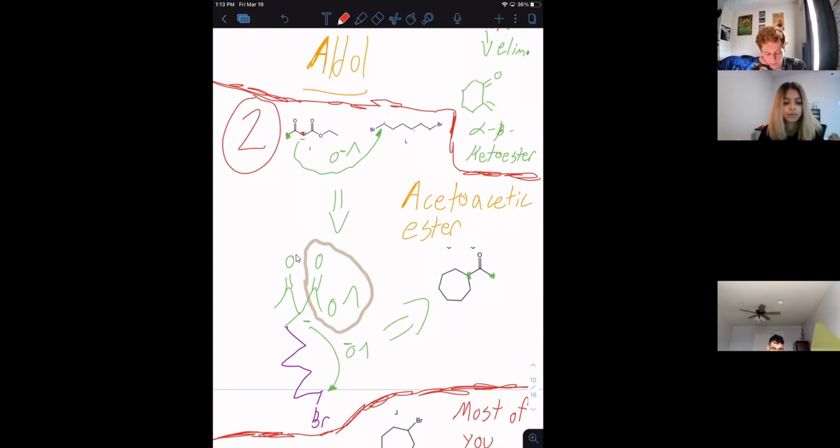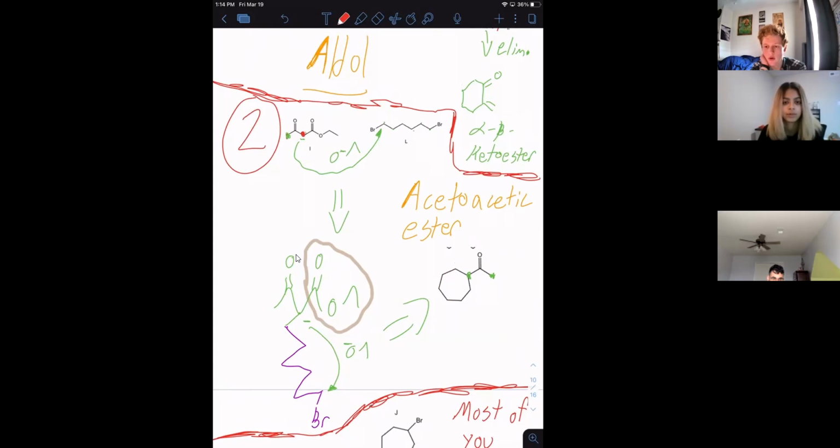And so remember when we've got this acetoacetic ester, or all of these, whether it's malonic, acetoacetic, even aldol, there's two hydrogens available. And so you can reduce off both of those, or eliminate them, I guess.